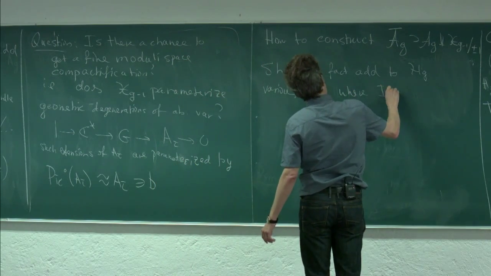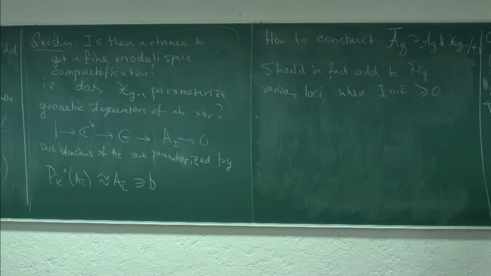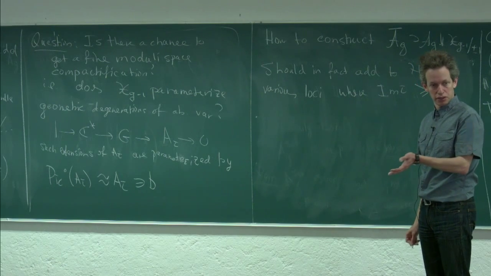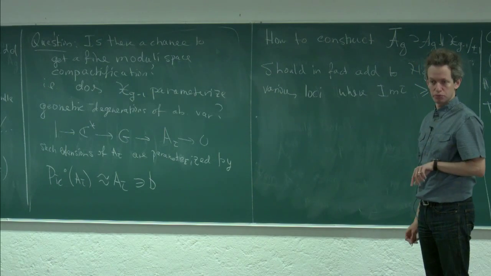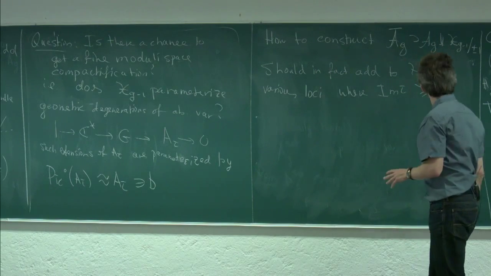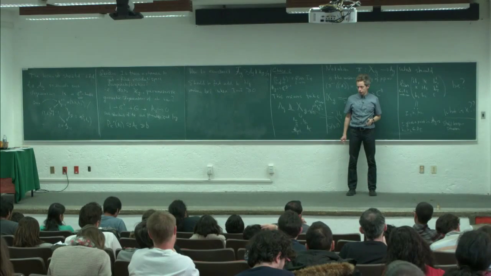where the imaginary part of tau is only semi-positive definite, okay? Which means it's not positive definite, it has a kernel. You can easily check that actually going off to infinity is not needed. You can take an action of the symplectic group that sends infinity to 0, basically, and this means that any degeneration of this sort I should be able to interpret equivalently as one of the entries of the period matrix going to 0, okay?